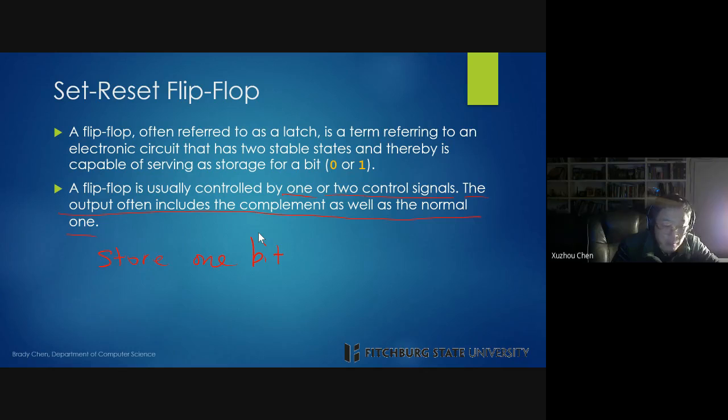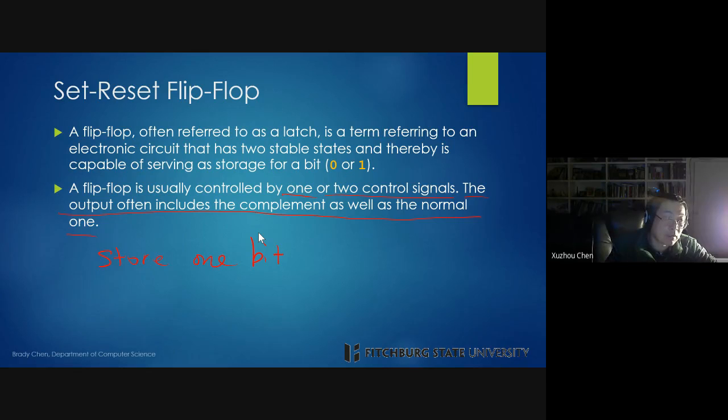It sounds like not much, but it's okay because we can use the integrated circuit, right? Once you build a flip-flop, you can combine 2 flip-flops, combine 3 flip-flops. If you combine 8 flip-flops, you can store 8 bits, which is 1 byte.